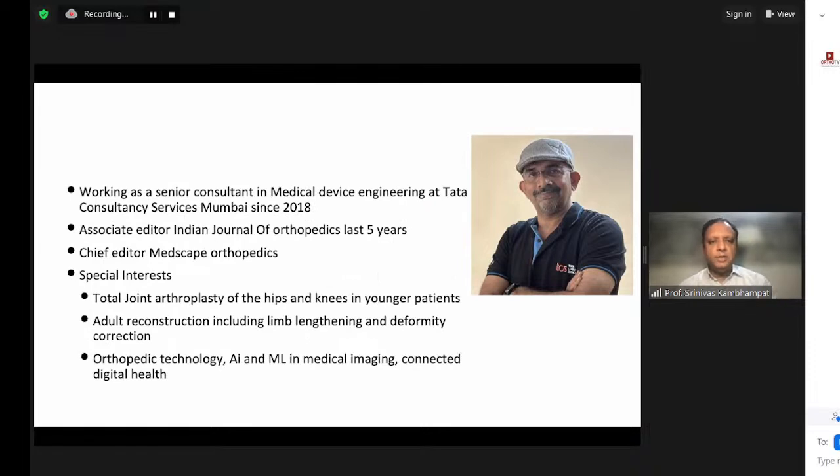He's working as a senior consultant in medical device engineering at Tata Consultancy Services since 2018, and associate editor for Indian Journal of Orthopedics for the last 5 years. He's the chief editor for Medscape Orthopedics, and his special interests include total joint arthroplasty of the hips and knees in younger patients, adult reconstruction, including limb lengthening and deformity correction, and orthopedic technology, artificial intelligence, and machine learning in medical imaging and connected digital health.